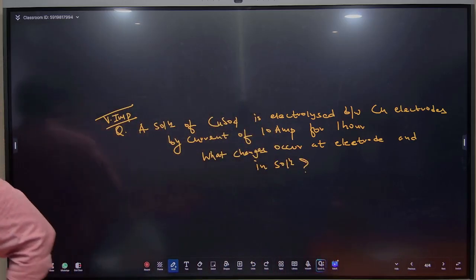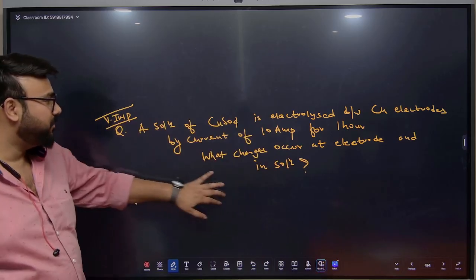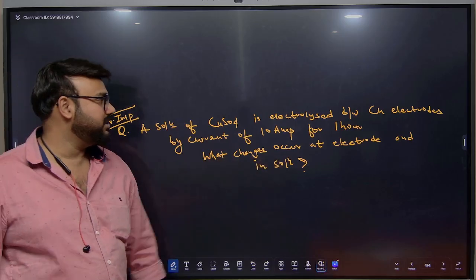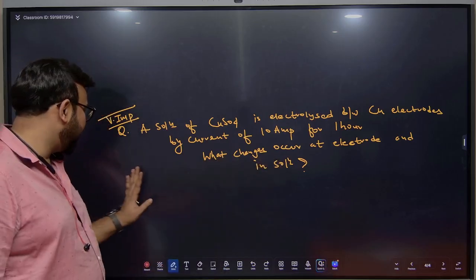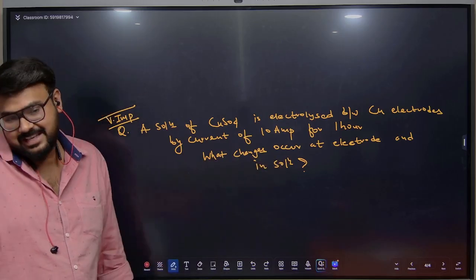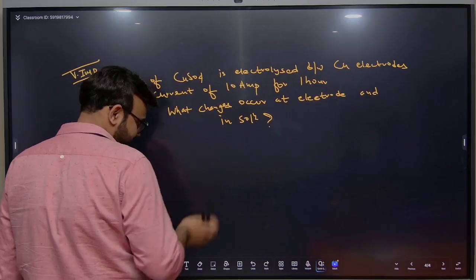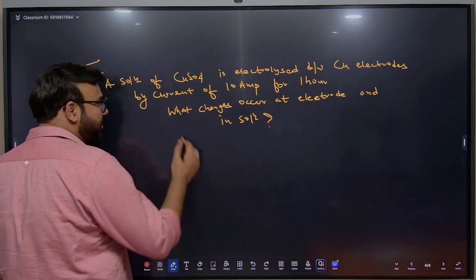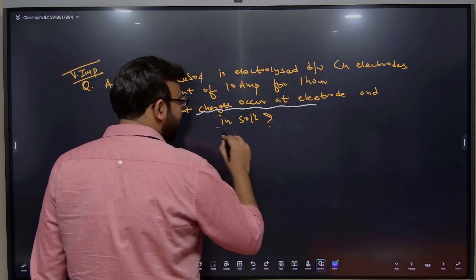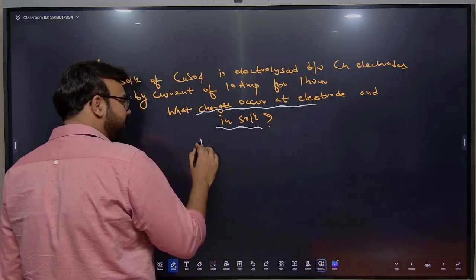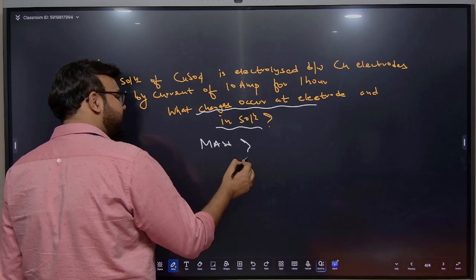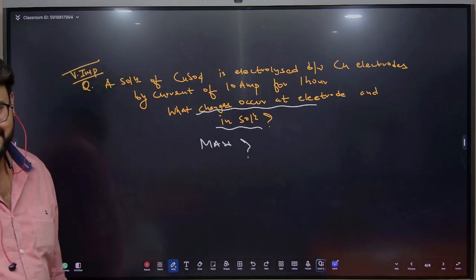What do you mean by this? What are they asking you? What changes occur at electrode and in solution? Exactly, they are asking mass. In simple words, they are asking mass. It's a simple way where they are asking what is the mass. That's it. Don't get confused.